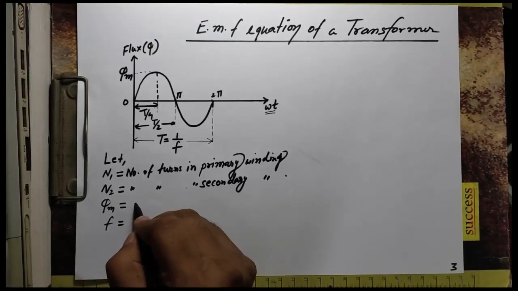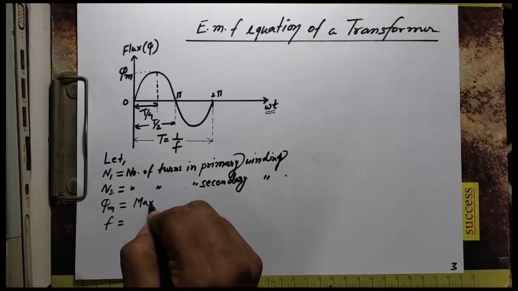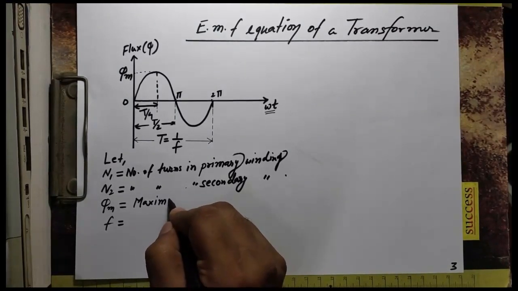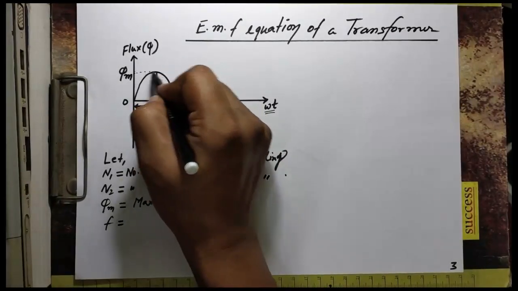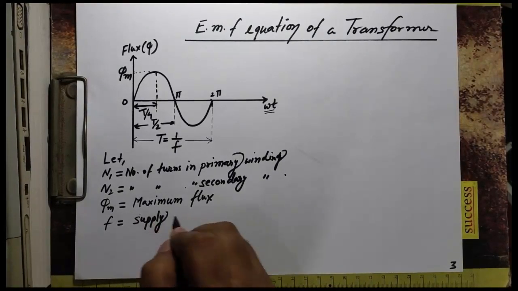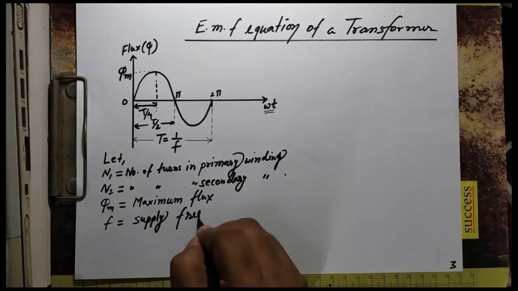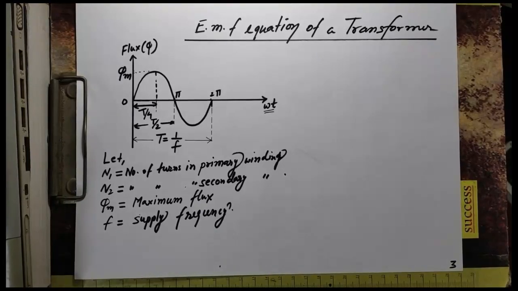Phi m is what? It is the maximum flux. Okay, this is the maximum flux. And f is what? Supply frequency.